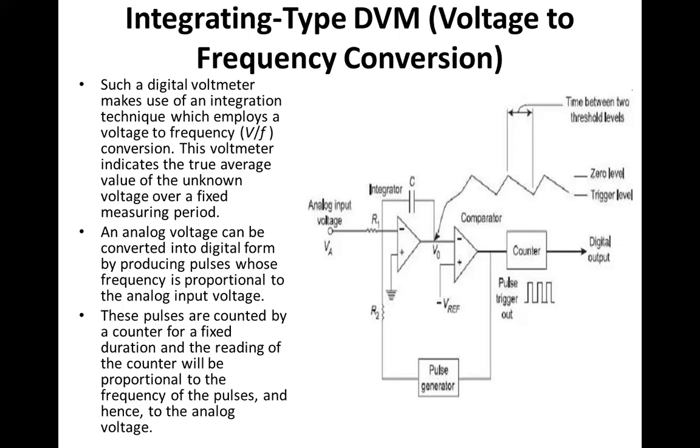The time between successive threshold level crossings is inversely proportional to the slope of the ramp. Since the ramp slope is proportional to the input analog voltage VA, the frequency of the output pulses from the comparator is directly proportional to the input analog voltage. This output frequency may be measured with the help of a digital frequency counter.